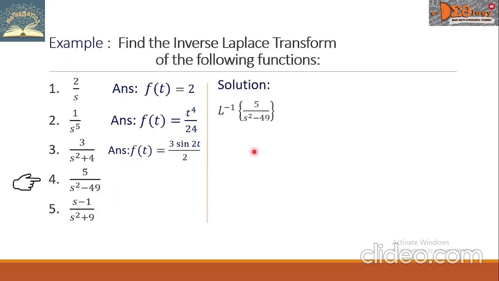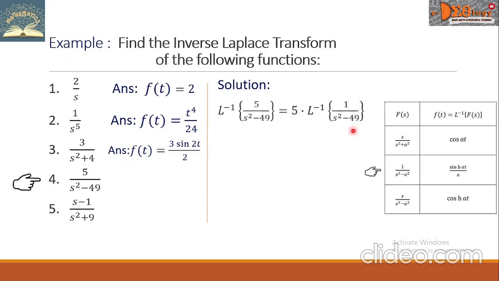We write our notation as Laplace inverse of the function 5 over s squared minus 49. This numerator 5, we can pull it out as a constant. So we have 5 times Laplace inverse of 1 over s squared minus 49.